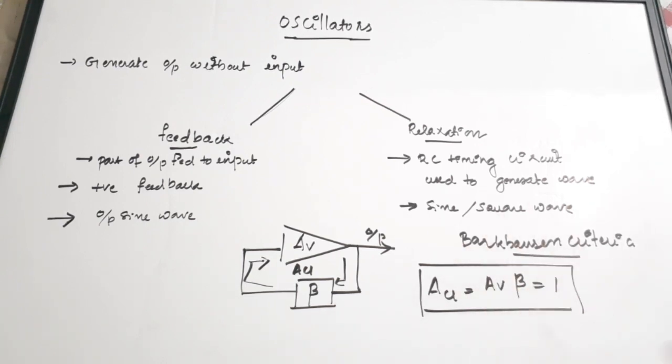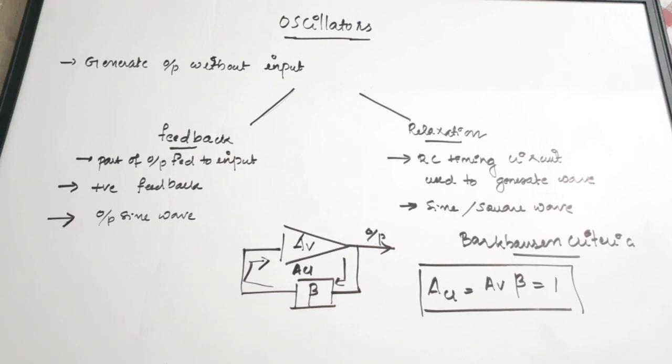I hope everyone has heard of this criterion during their early studies of engineering or diploma. This is called the Barkhausen criterion. So the product of gain and feedback factor should be equal to 1 for sustained oscillations, or greater than 1 for startup of oscillations.